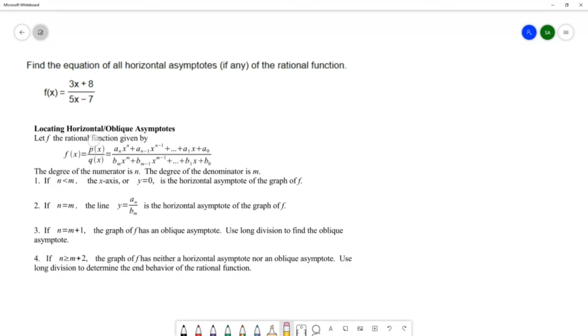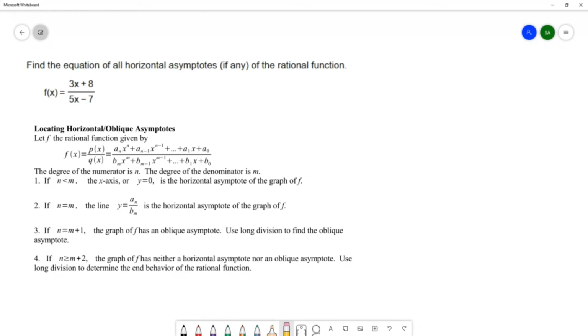As we've stated before, the actual math behind finding them is using a calculus operation called the limit, specifically limits at infinity. Since we're not doing limits in this algebra class, we're going to use a set of rules that have been summarized for us.